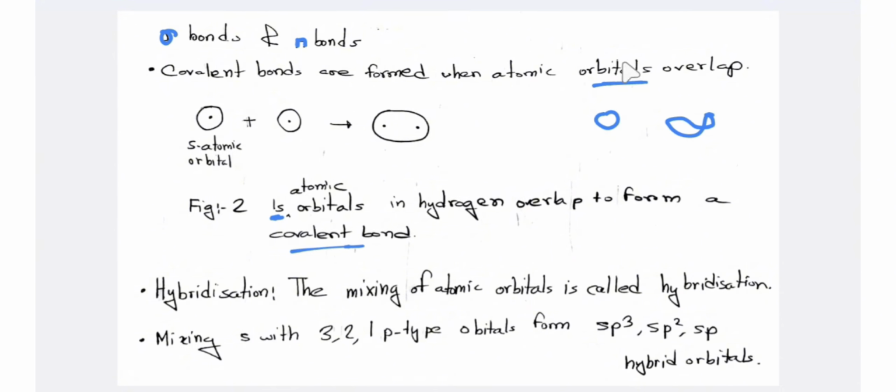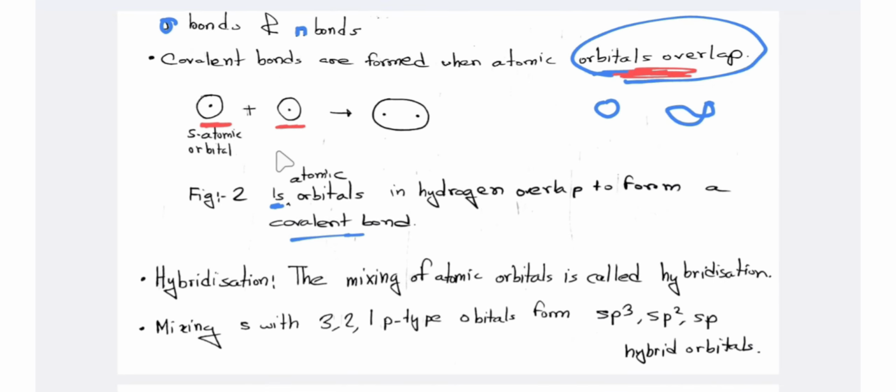So covalent bonds are formed when two atomic orbitals overlap. This is for s orbitals.